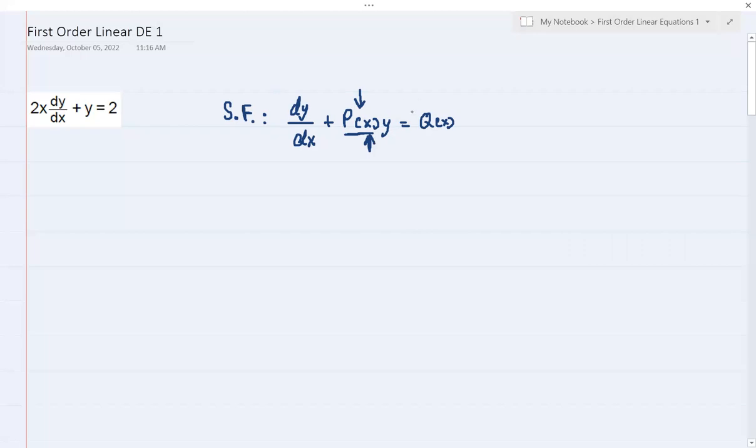And the same thing goes for q of x. The explanation I had for p of x applies to q of x as well.